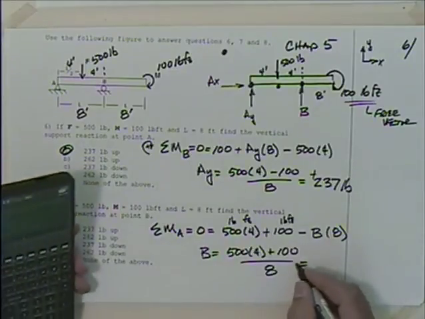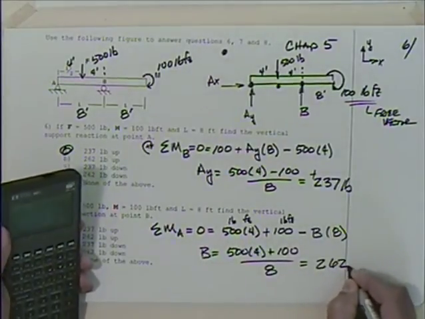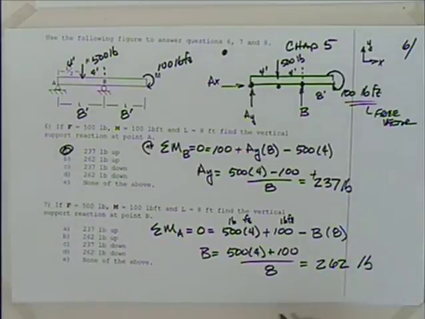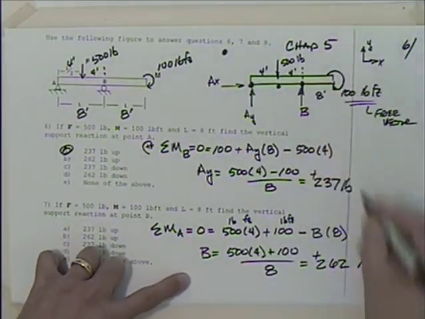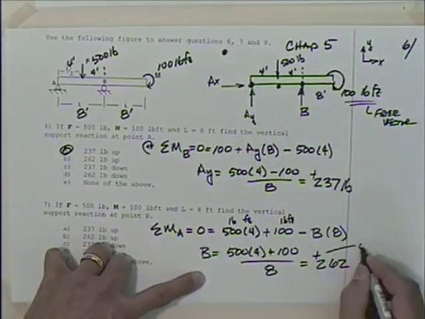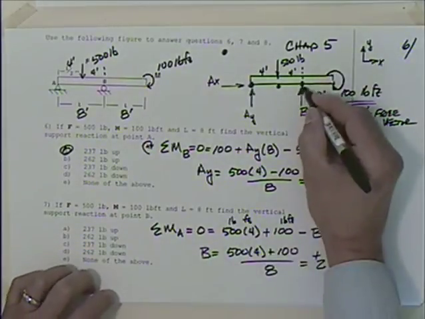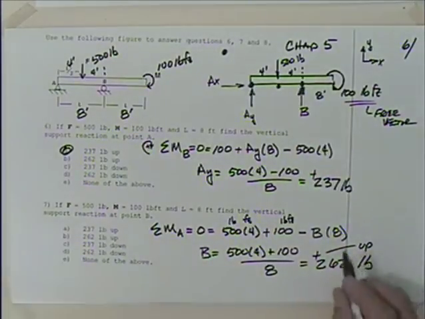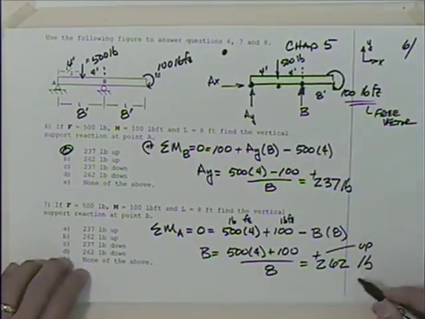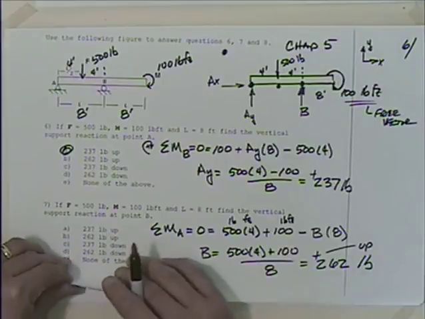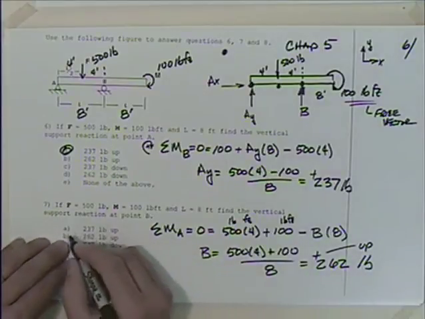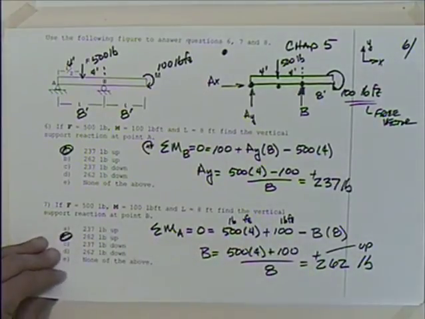How do you get 262? 262 pounds. That's positive, so our direction was correct. It's up. Because we assumed it up, it became positive. If we assumed it up and we got a negative sign, we would know it was down, but we assumed it up. We got a positive, so it's 262 up. So we get answer B.